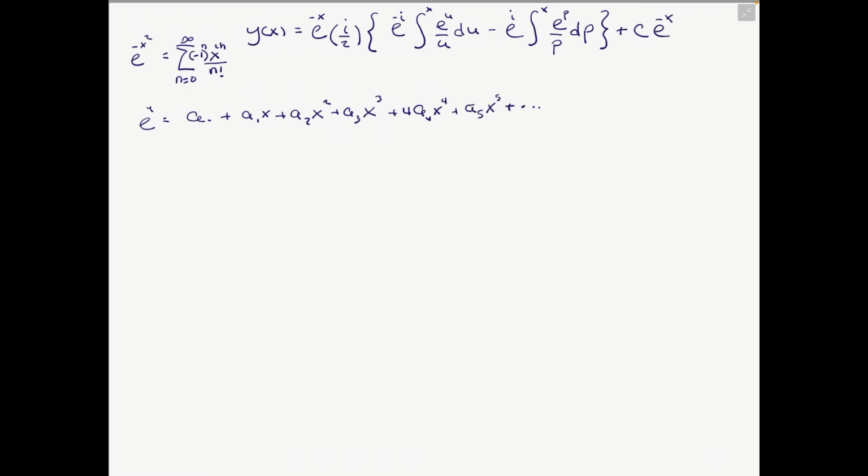And so on. Goes on as an infinite series. Let's say this is f, and so f prime is equal e to the u, f double prime equals e to the u, f triple prime equals e to the u, f fourth prime equals e to the u, and so on.